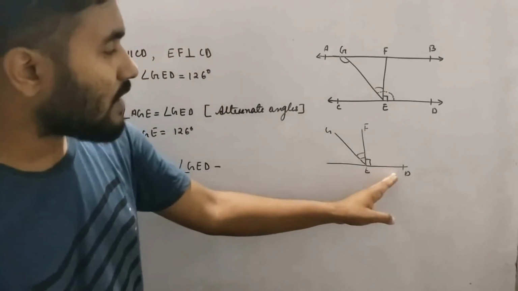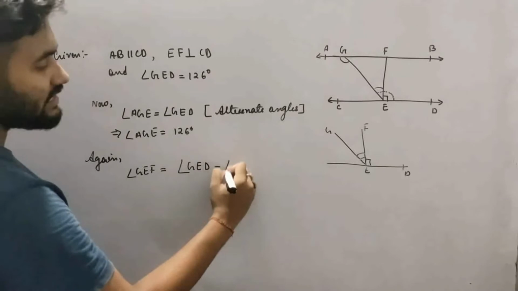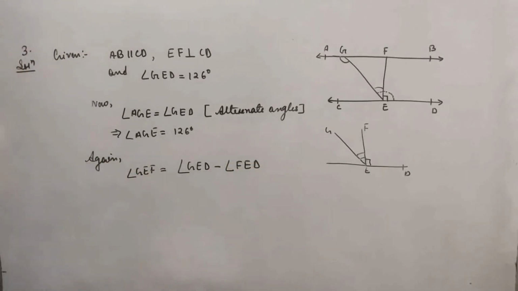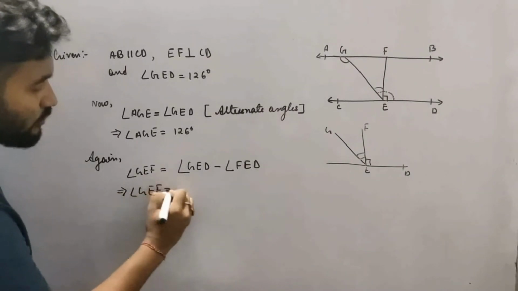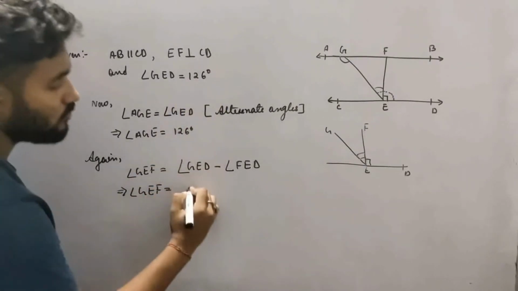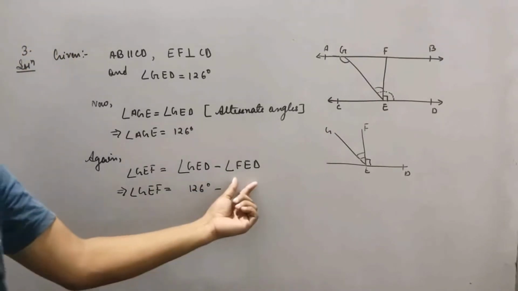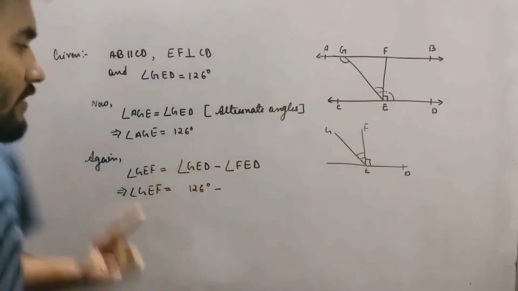So from this complete angle GED, if I subtract angle FED, I will get angle GEF. So put the value, which implies angle GEF will be equal to, what is angle GED? 126 degree minus, what is angle FED? Clearly I can see it is 90 degree, okay?